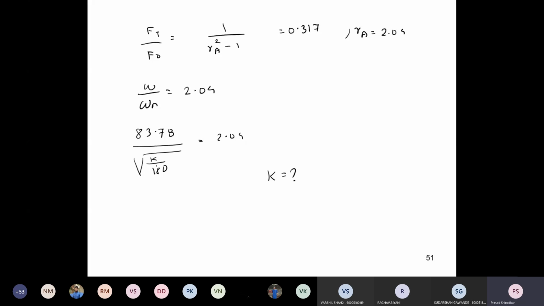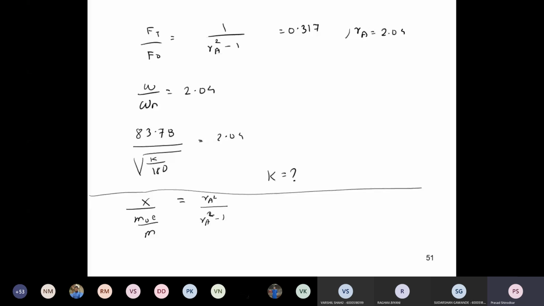Second part of the question, x divided by m0e by m is equal to RA square upon RA square minus 1. Okay, so this is the equation. This is the equation for the steady state amplitude in our case.